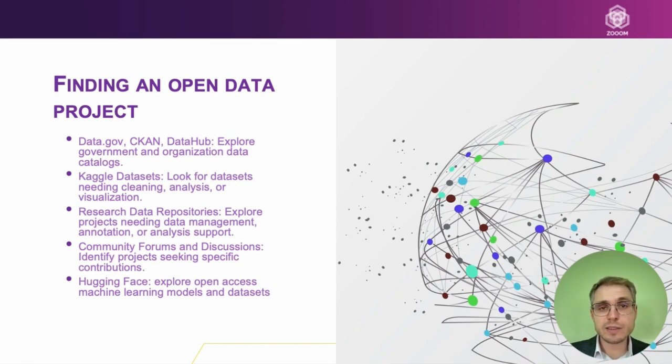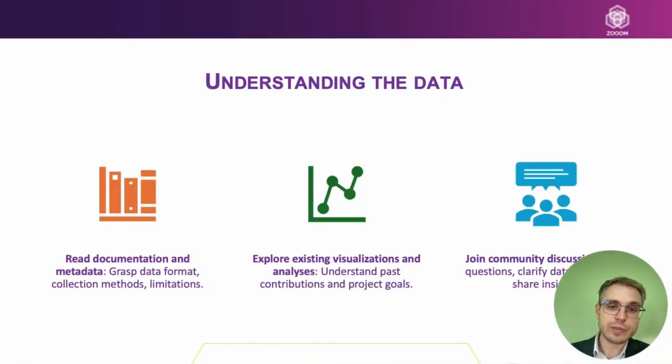You could be looking at research data repositories, where you could be exploring projects that need data management, annotation, or analysis support. You could be looking at community forums and discussions to identify projects that seek specific contributions. Or indeed, you could explore the biggest, as of yet, repository of open source machine learning models, Hugging Face, to explore open access machine learning models and datasets, and identify areas where your contributions might be useful.